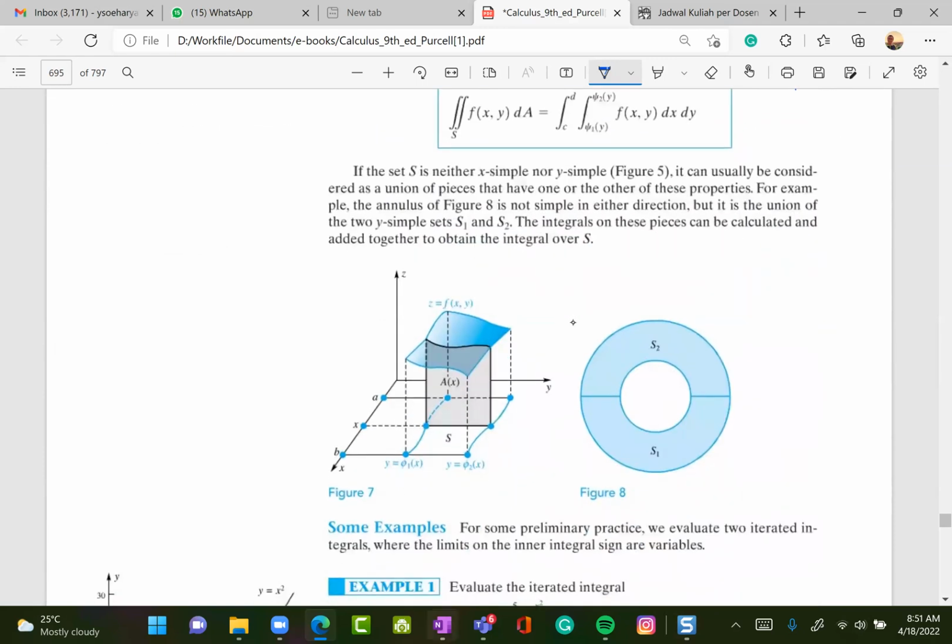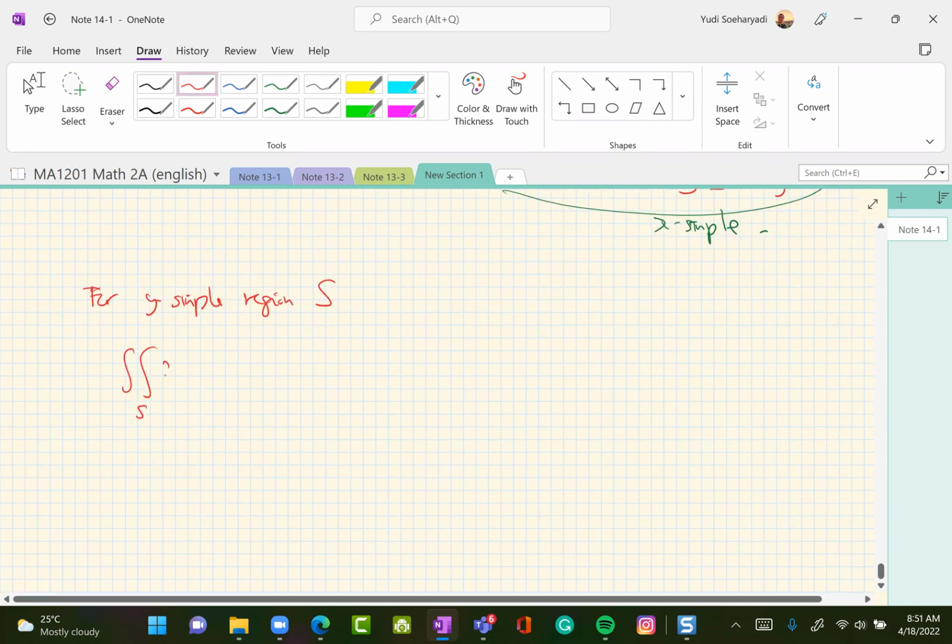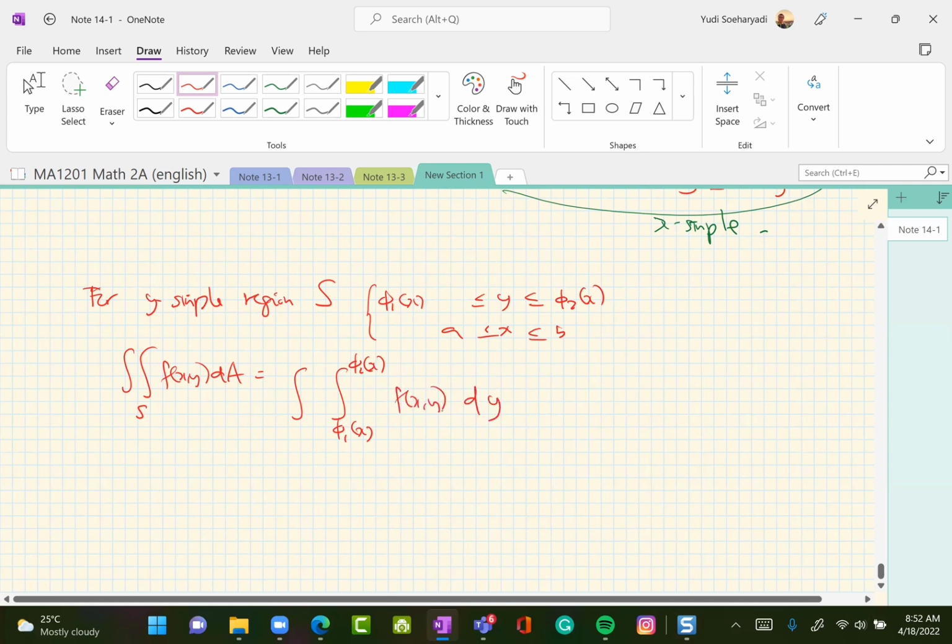Let me write it down. y is bounded by phi1 and phi2, x between a and b, with dy, y equals phi1 to phi2, and the x between a and b.